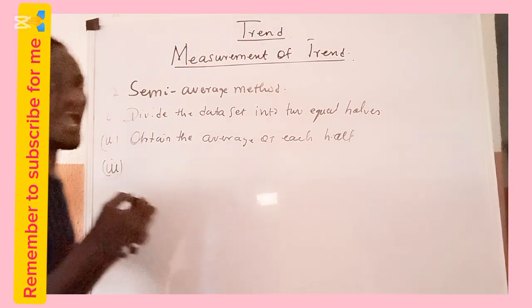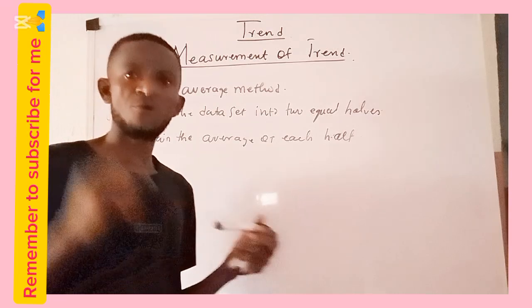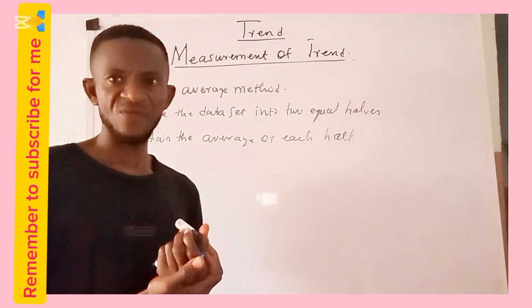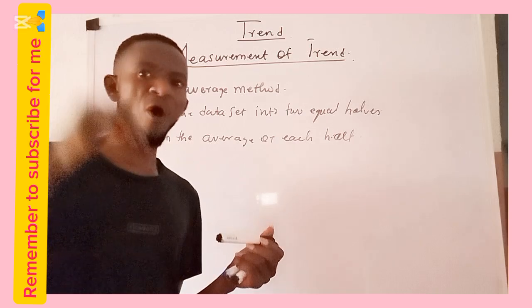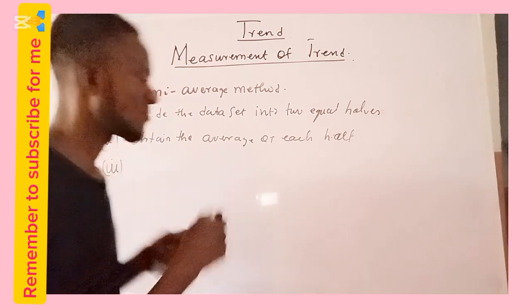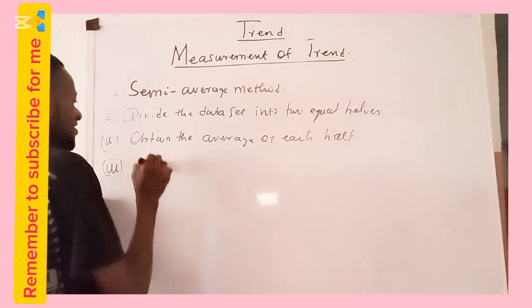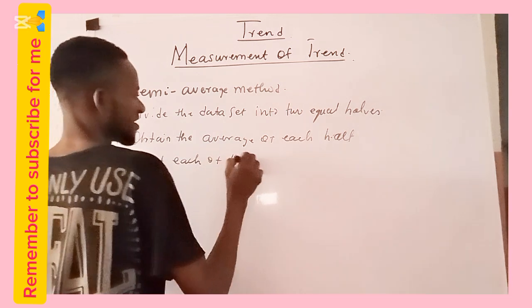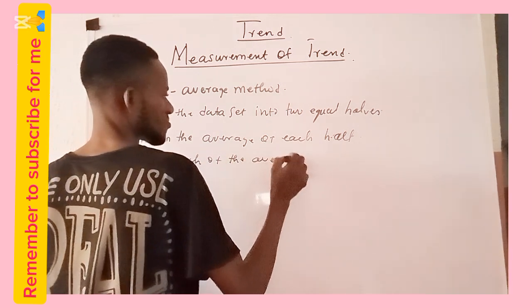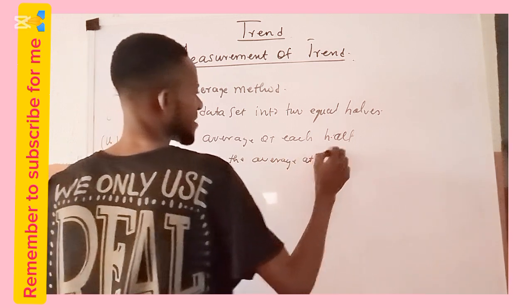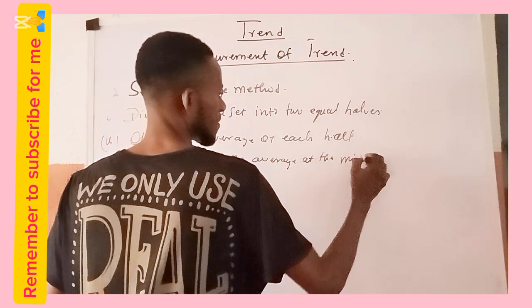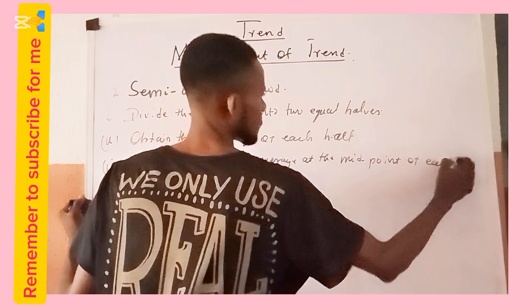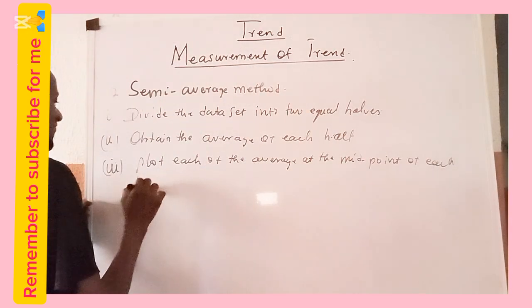In the III, we now say plot each of the averages at the midpoint of each half. Plot each of the averages at the midpoint of each half.